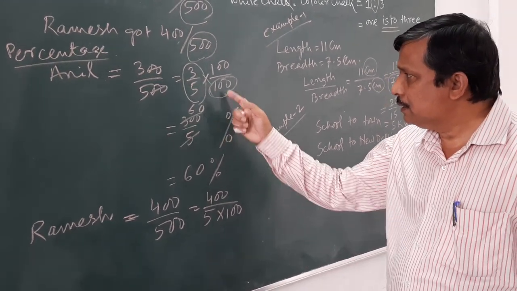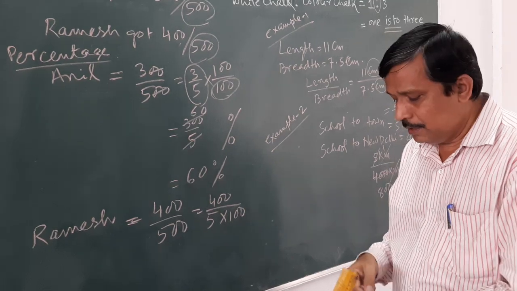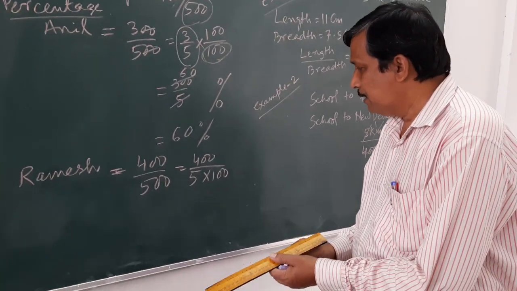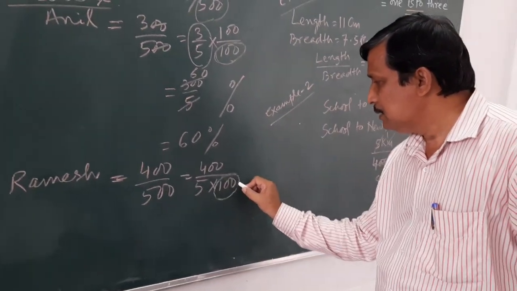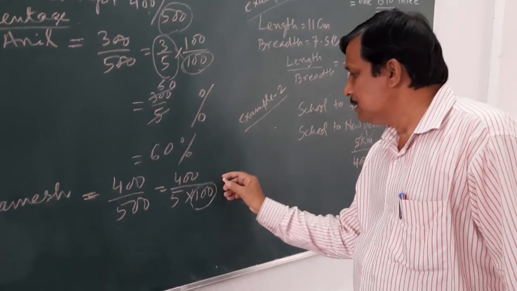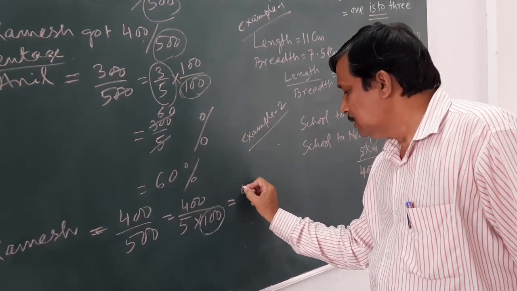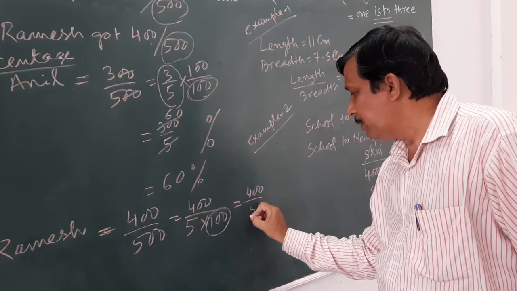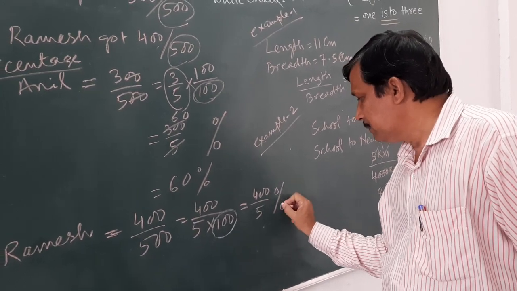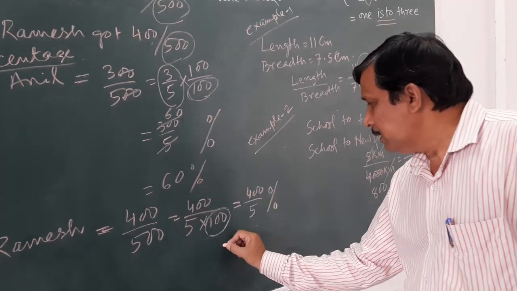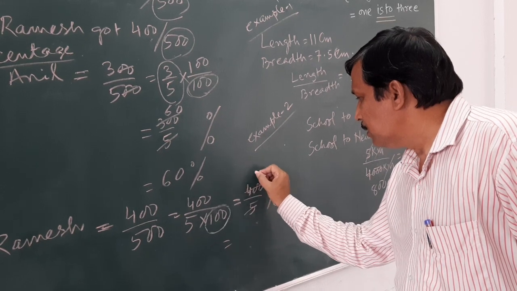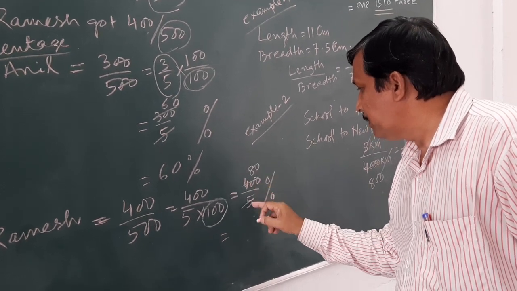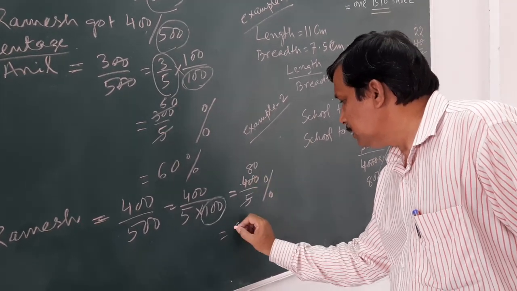Earlier I discussed that the denominator 100 gives your percentage. So you can write here 400 by 5 percentage. Now when you cancel out, 5 eights are 40, then 80%.